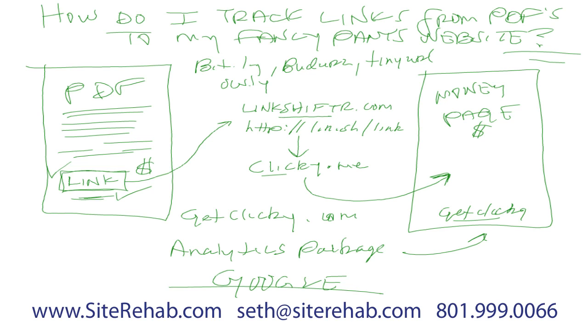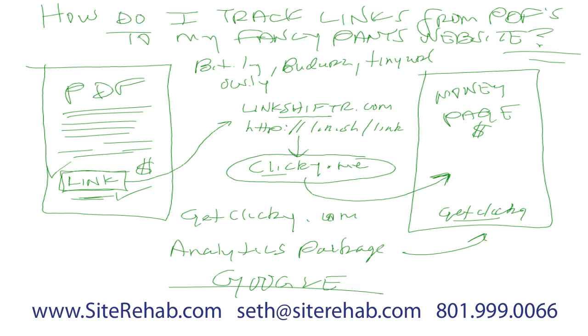So you can set up a Clicky.me link that points to your home page, or you can set up another one that points to a separate page, and you can dump all of those through the same link shifter link. Okay? Now, the difference in using Clicky.me is that it connects directly with your GetClicky tracking analytics package.